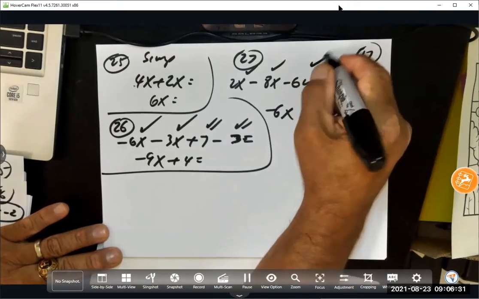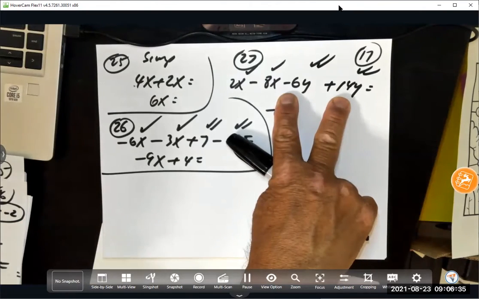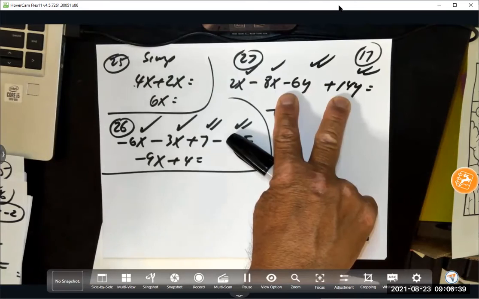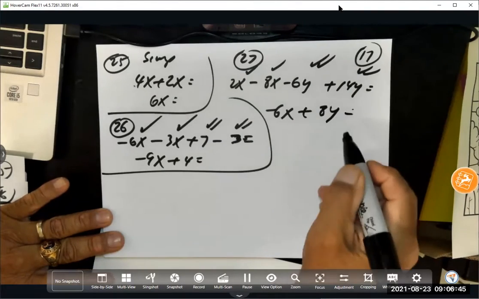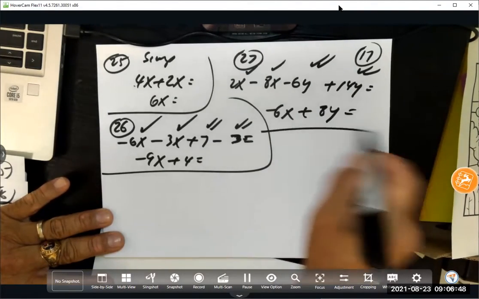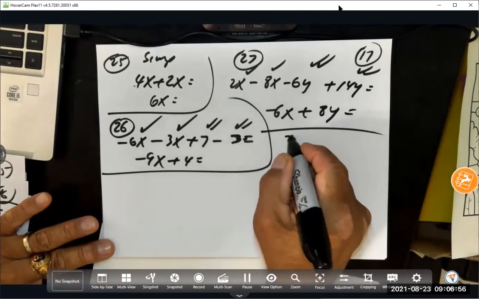And the y's with the y's only. Negative 6y and a positive 14y is? Positive 8y. That's right. And then you stop, because these are x's and these are y's, so don't mix them up. Leave it alone. Is that right for number 27? I'm going to say yes.